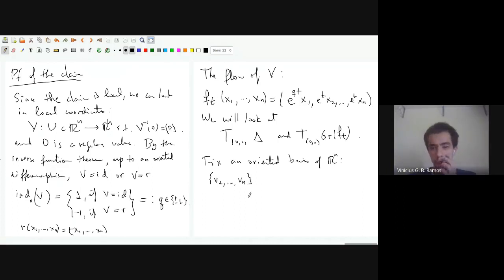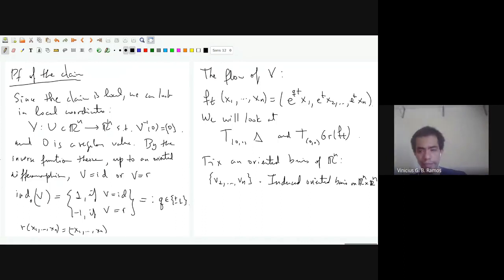Then we get an induced oriented basis on the product. And how do you orient the product? There's a natural orientation on the product, and whenever I don't say anything, I always consider the natural orientations.